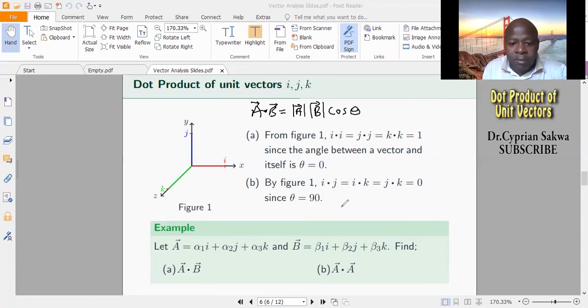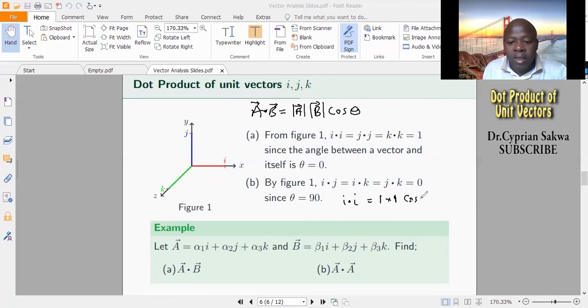So what's the dot product of i and i? Using this formula, it will be the magnitude of i, which is 1, times the magnitude of the other i, which is also 1, times cos theta.